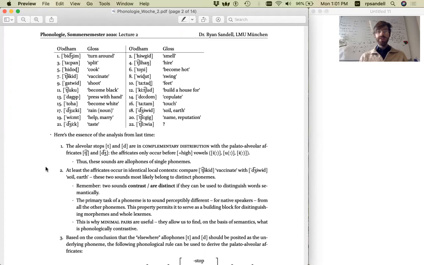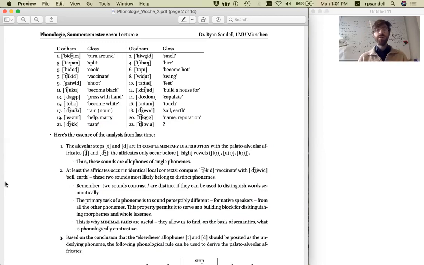And for at least the affricates, we could find some instances of those affricates occurring in identical local contexts. So if we compare, for instance, data point number 7, the word for vaccinate, chikid, with the word jiweed, data point number 18, meaning soil or earth, we can see that the local context is identical, and that tells us that those two affricates, ch and j, ought to belong to distinct phonemes.